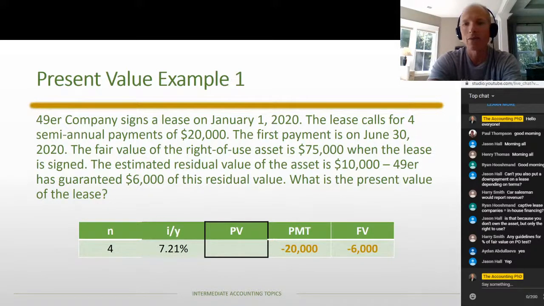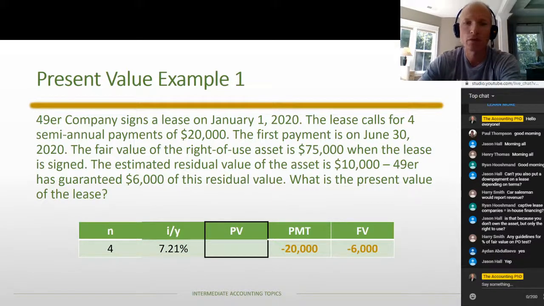And so that's why we have the negative $6,000 as the FV. Remember, with the lessor, that number was 10,000 because from the lessor's perspective, they're getting an asset that they believe is going to be worth $10,000. From the lessee's perspective, we're more concerned about their obligations. And so their only obligation related to the end of the lease is that $6,000 guaranteed residual value, which is why we have a negative $6,000.